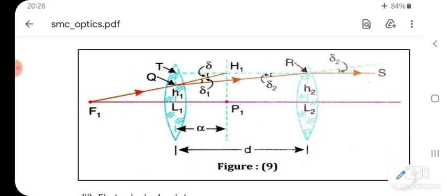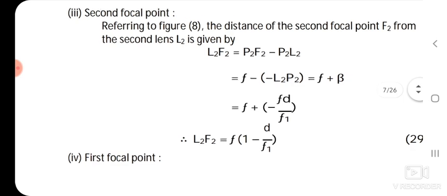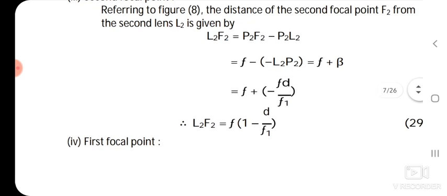Now the second focal point. From the figure, the distance of second focal point F2 from the second lens L2, L2 F2, is equal to P2 F2 minus P2 L2.